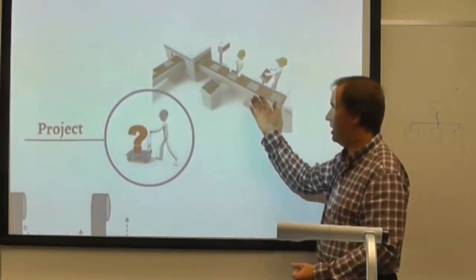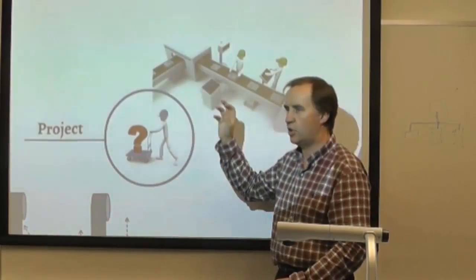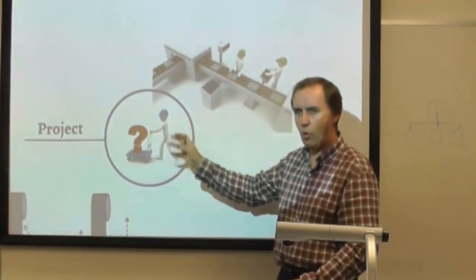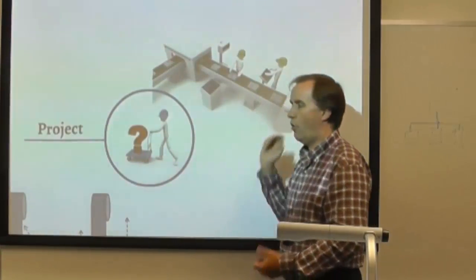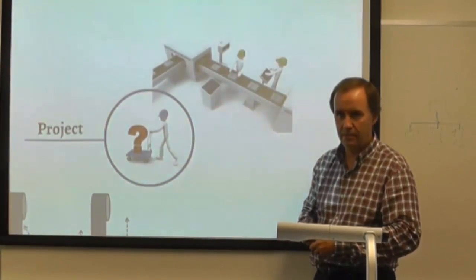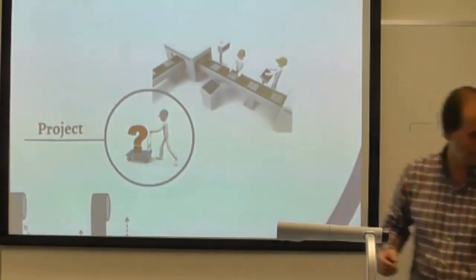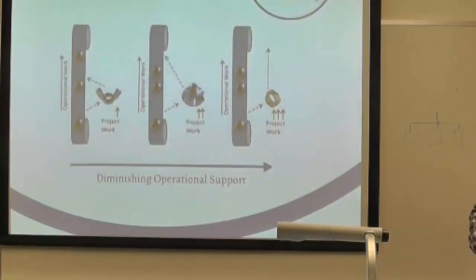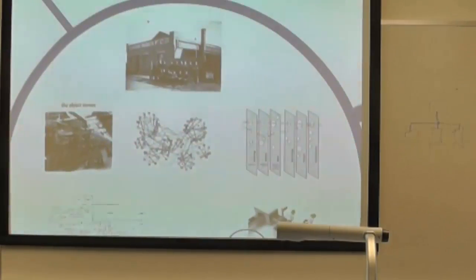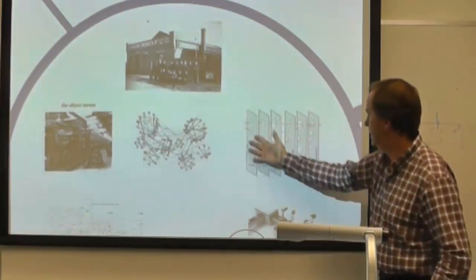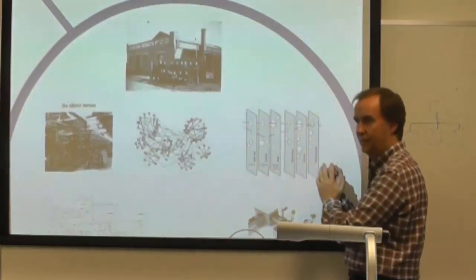It's not only to do with taking things off the production line, it's to do with there is not so much support for that work to be done like there would be for operational work to be done. In other words, that network that I showed you back here, this is set up for the production line.